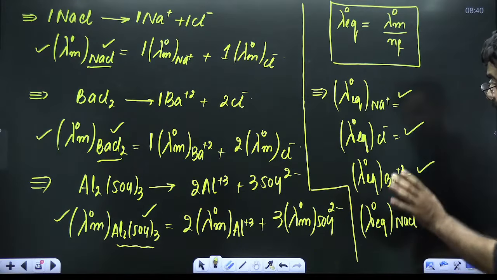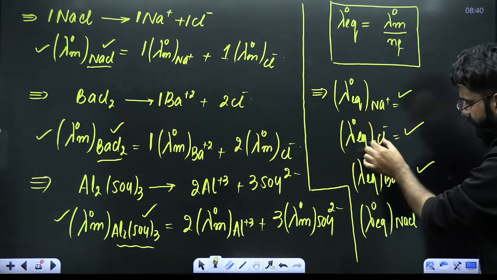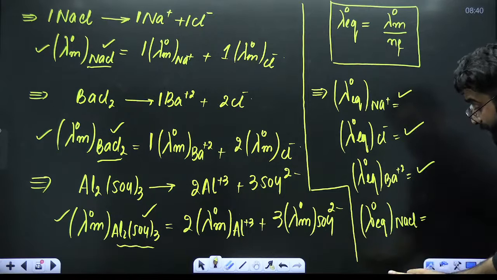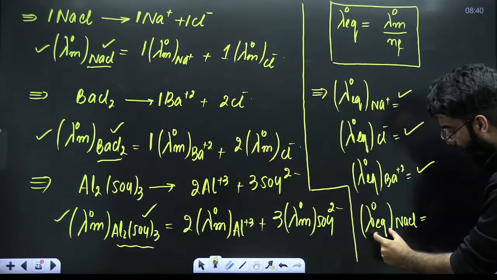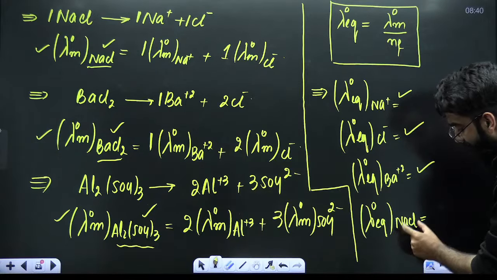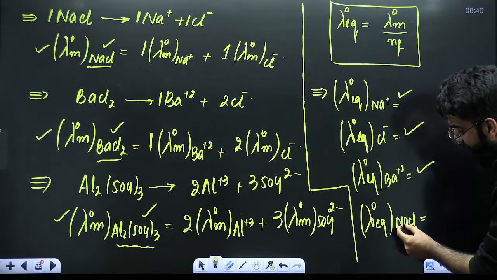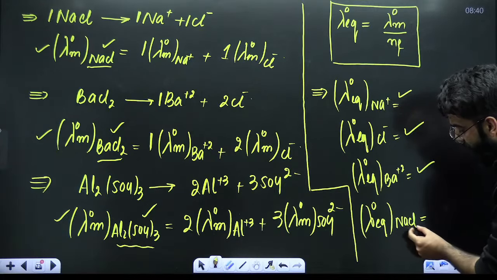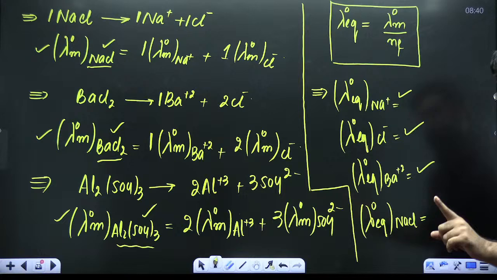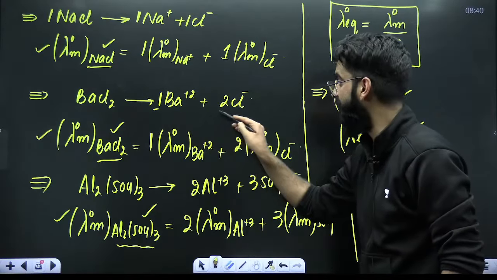listen to me carefully. Imagine the equivalent conductivity at infinite dilution for Na positive, you know this one, right? Now I want you to directly write the equivalent conductivity at infinite dilution for NaCl, that too in terms of the equivalent conductivities of their ions at infinite dilution. You do not have to talk about the stoichiometric coefficients at that point.